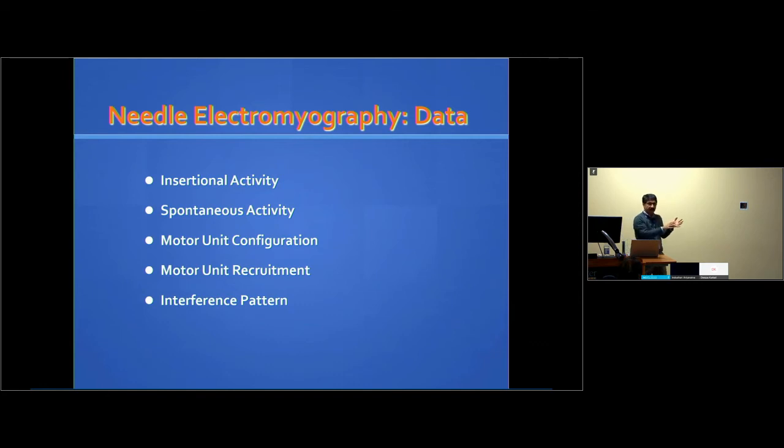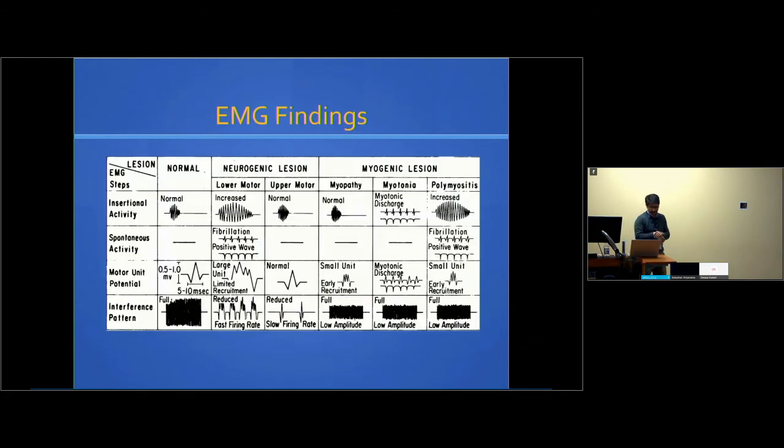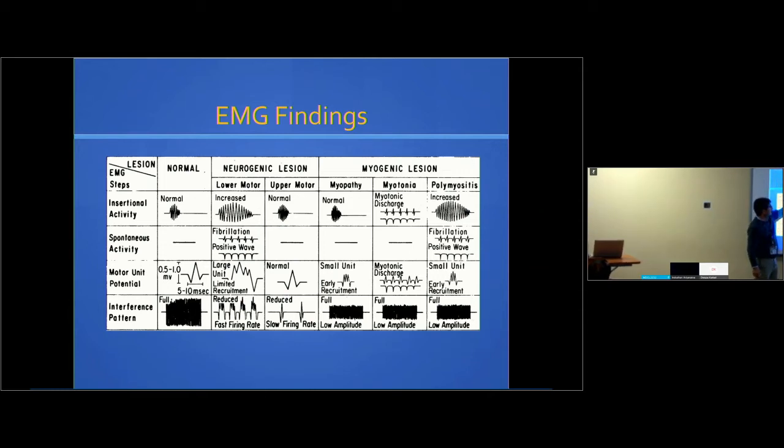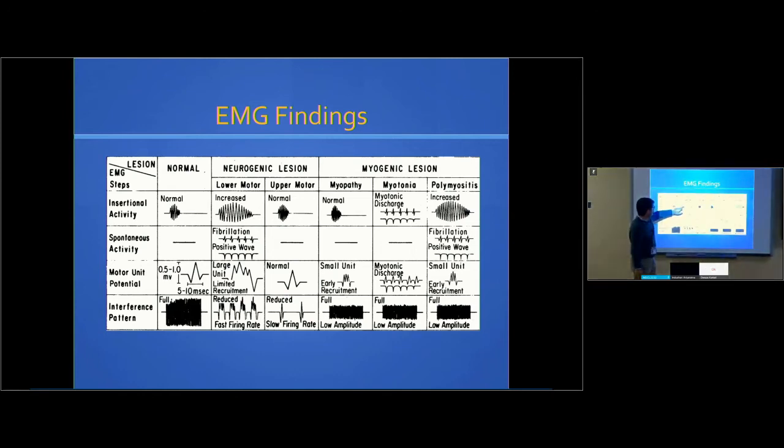Again, a myopathic process and a neuropathic process look different. If we are looking at a problem with the nerve versus normal: in a normal individual, as we put the needle in, there's a little bit of artifact, and then it's quiet. In a neurogenic process with lower motor neuron loss, the insertional activity is increased.